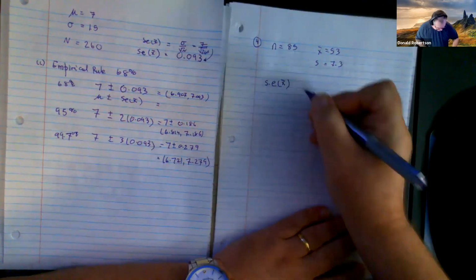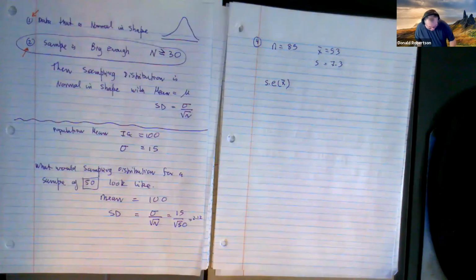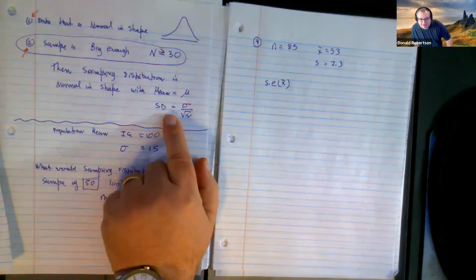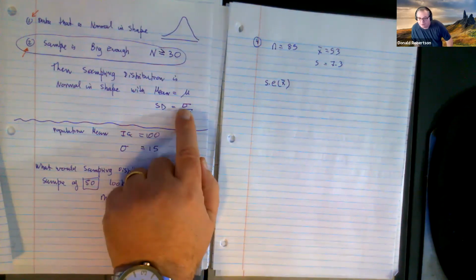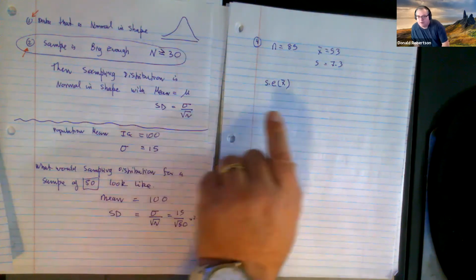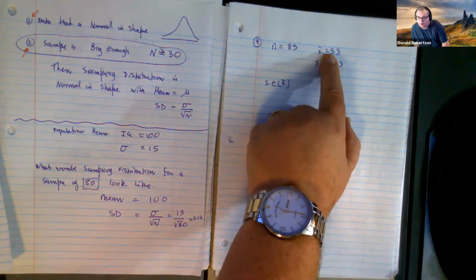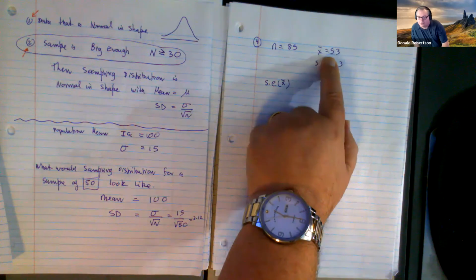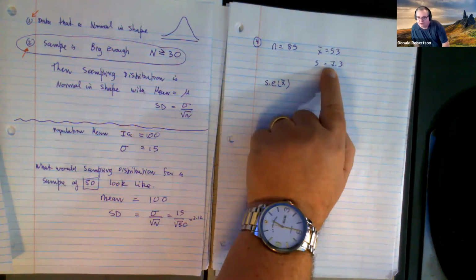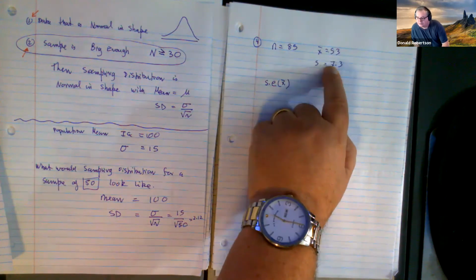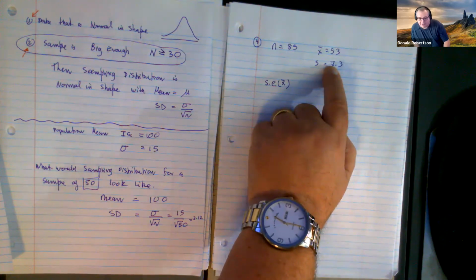Now, that's this guy, agreed? Sigma over root n. But we don't know the population mean, and we don't know the population standard deviation. We just know these guys, right? So how can we get that?